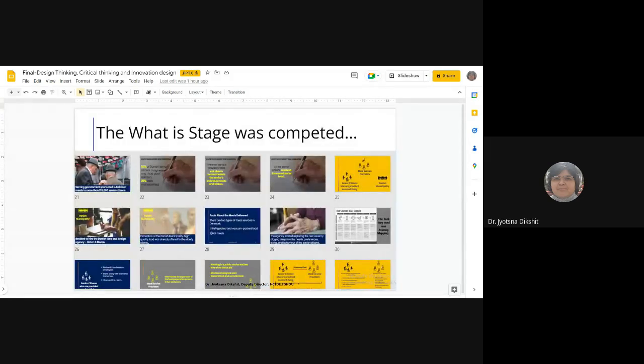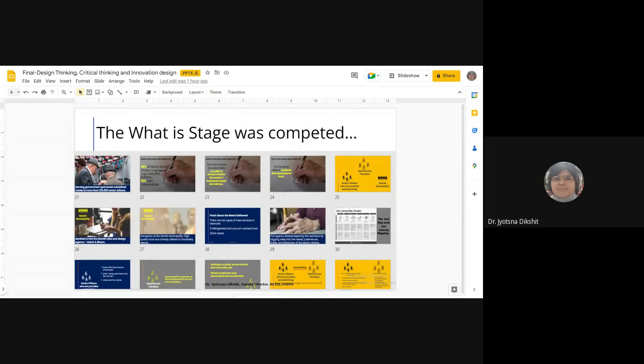So where the problem is, so this is the what is stage which was completed. In this stage, basically, we focus on the current needs of our customers, of our end users. We see what are the obstacles that we want to overcome. It gives us insights into what our stakeholders are looking for.